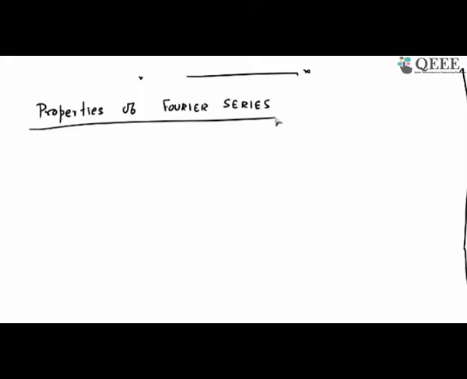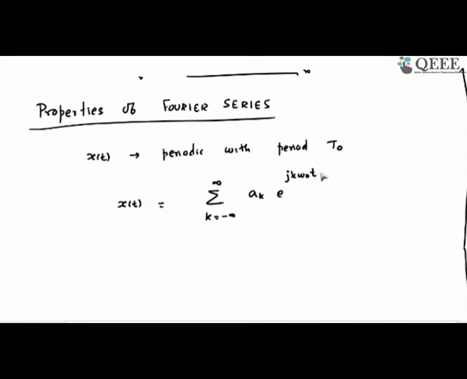Okay. So now consider this sequence. x of t again is periodic with fundamental period t naught, and the Fourier series of x of t is sigma k equals minus infinity to plus infinity of ak e power jk omega naught t.